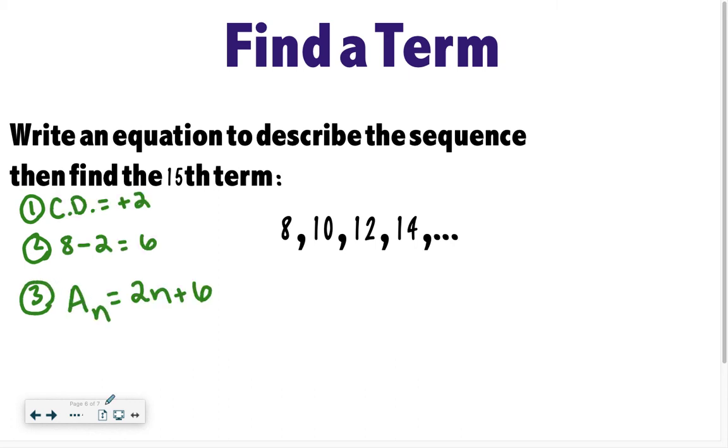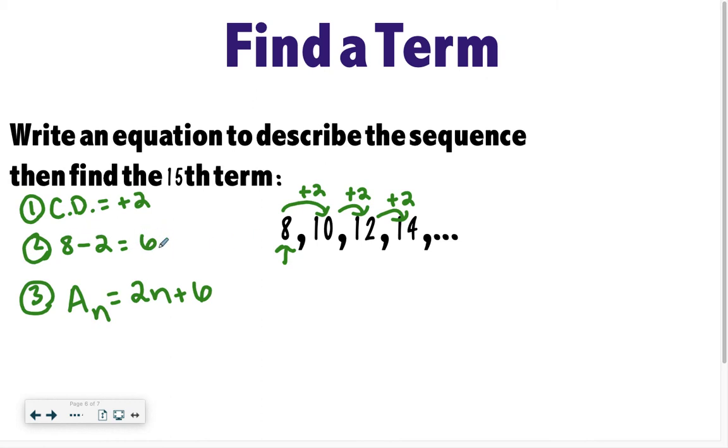All right, hopefully for your equation, you did the 3 steps. You found the common difference. You said, I am adding 2 each time to get to the next term. So your common difference was 2. And then for the second step, you took your first term, which is 8, minus the common difference.